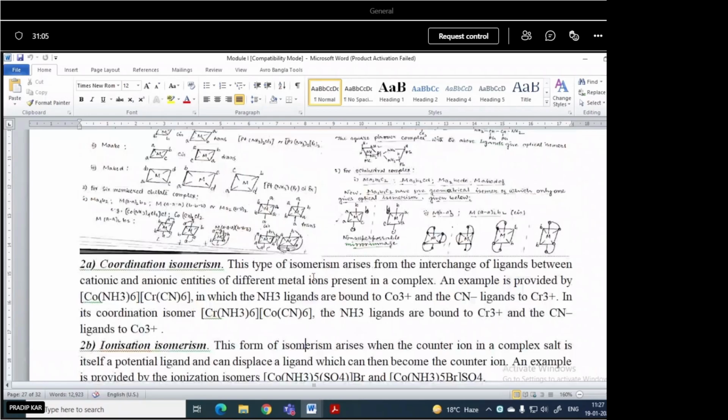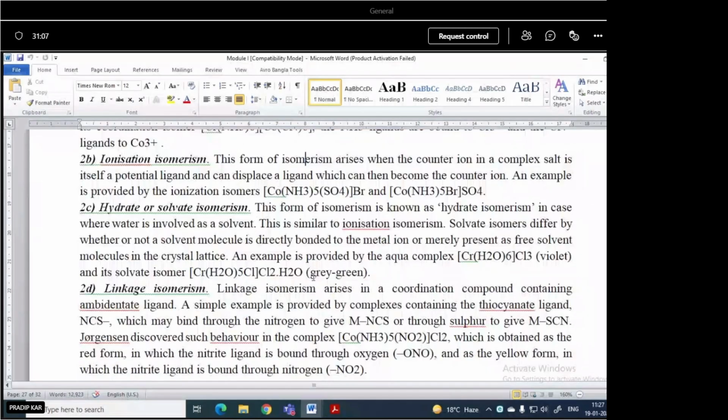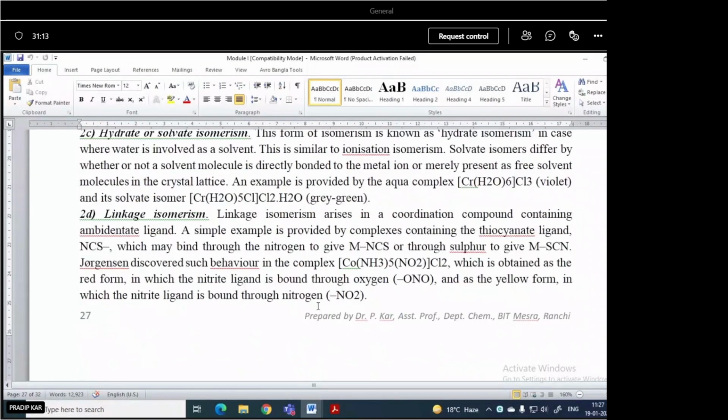So for this you have to know the definition and one or two examples.